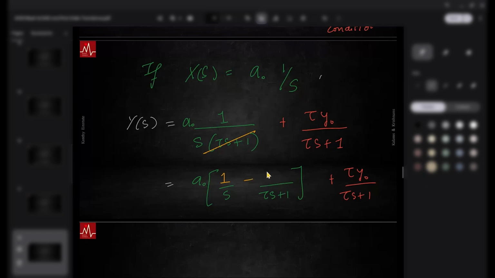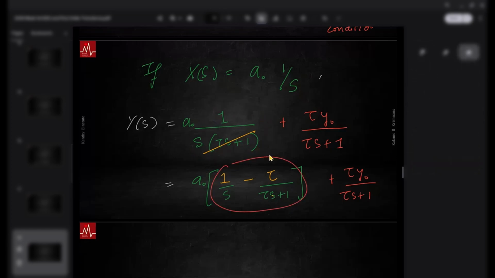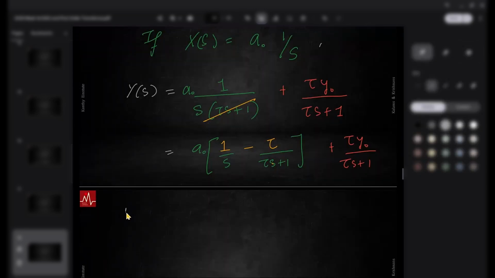So B will be minus tau. So quickly check, this will be tau s plus 1 minus s tau, that will be 1 by s into tau s plus 1. So whatever I have in the bracket will simplify to this term. Okay, you could at least verify that. This tells you y of t. If you take inverse Laplace transform, what do we get now?